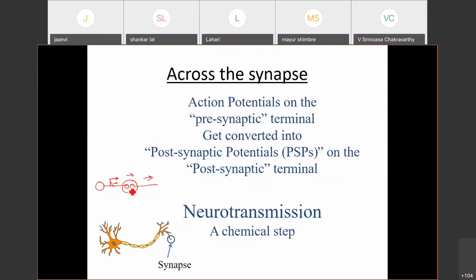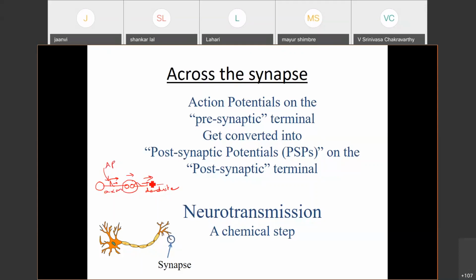So there is a release of a chemical by the presynaptic terminal, which acts on the postsynaptic terminal, and the action of the chemical generates a new electrical signal on the postsynaptic side, which then propagates along the cable on the postsynaptic side. This cable happens to be a dendrite, and the cable on the presynaptic side happens to be an axon, so that signal is an action potential.